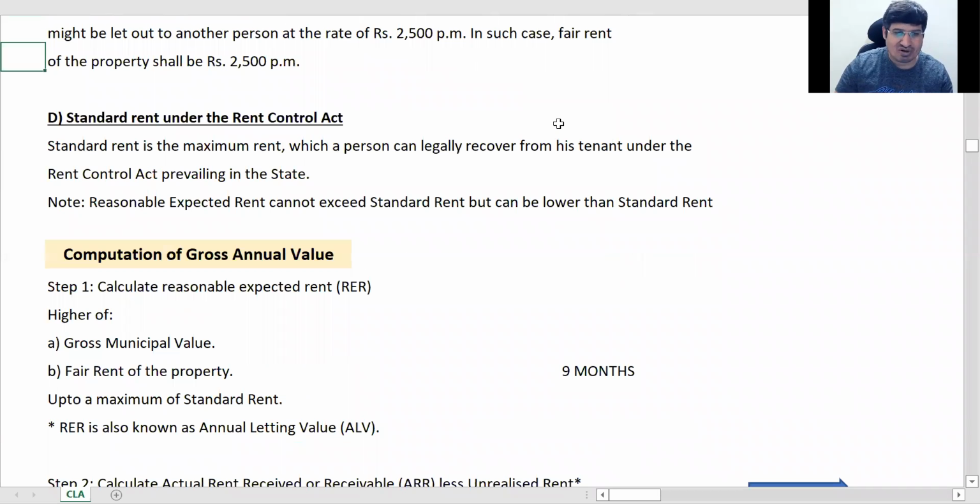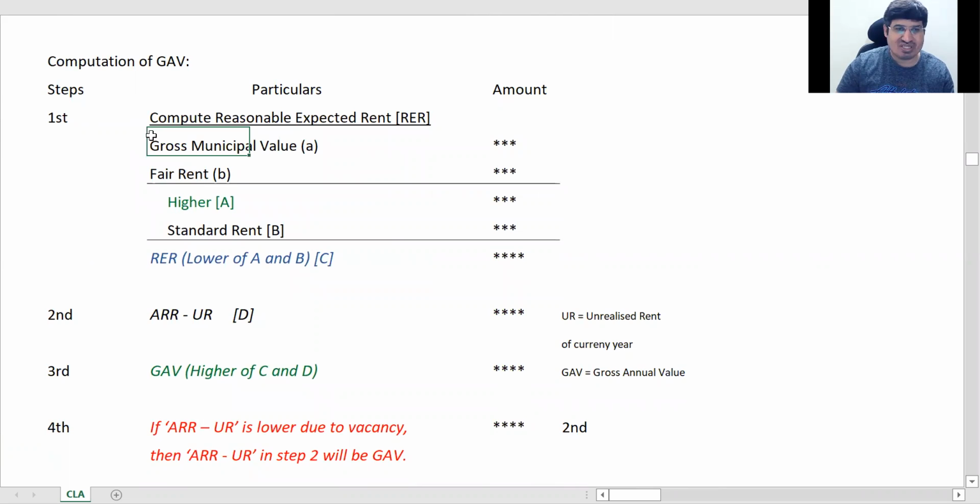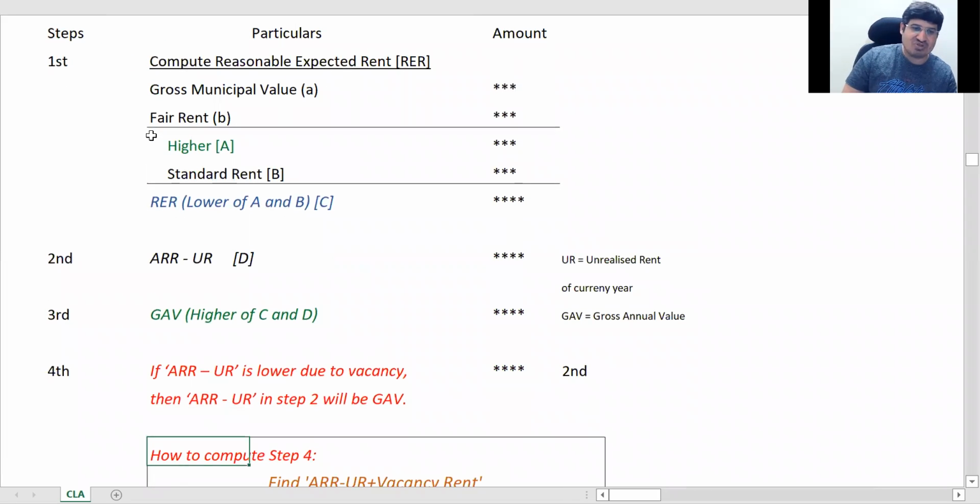When it is computation of gross annual value, this is our step 1 that we saw. Step 2 we saw. This also came. Now what does step 4 say? Step 4 says if ARR minus UR is lower due to vacancy. Lower means lower than what? We are comparing ARR minus UR with what? RER, correct?